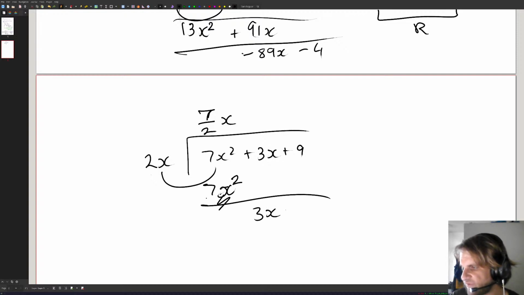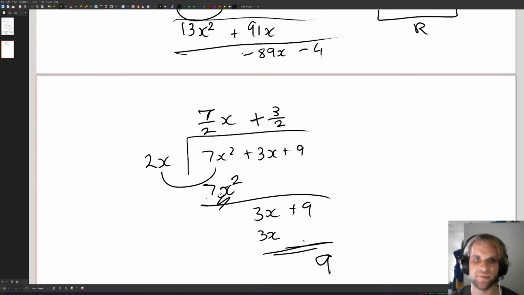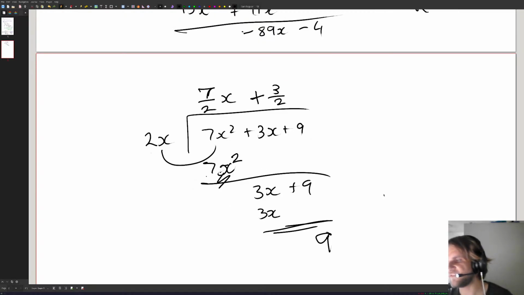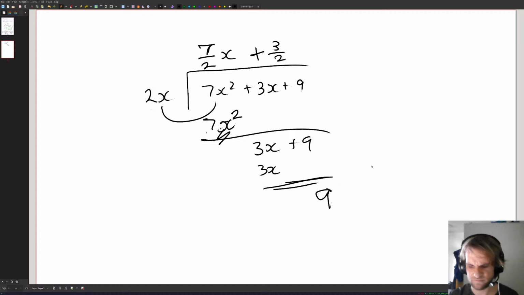And then I'm left with 3x plus 9, and then it's plus 3 over 2. And then I get 3x, and then I'm just left with 9. And you're going to see that then you have a remainder of 9.